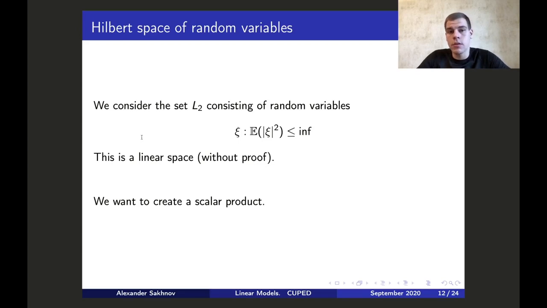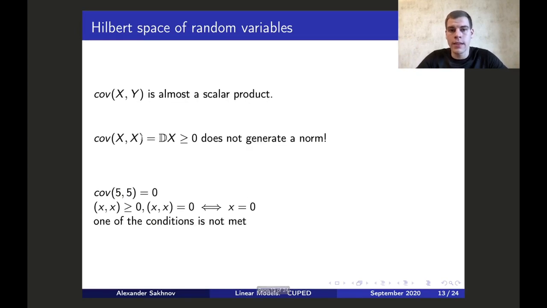We will consider not all random variables, but only such random variables that have a variance, and it can be shown that yes, it's a linear space, but we want to create a scalar product that generates a norm.